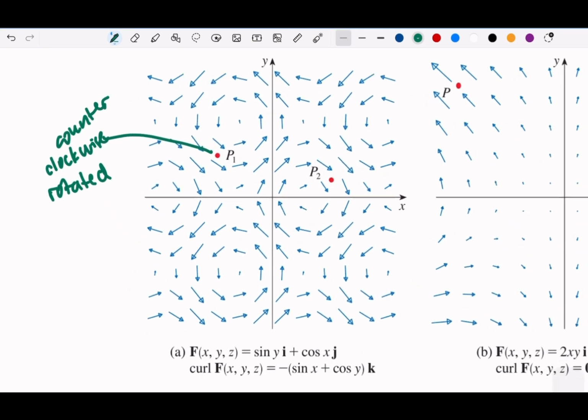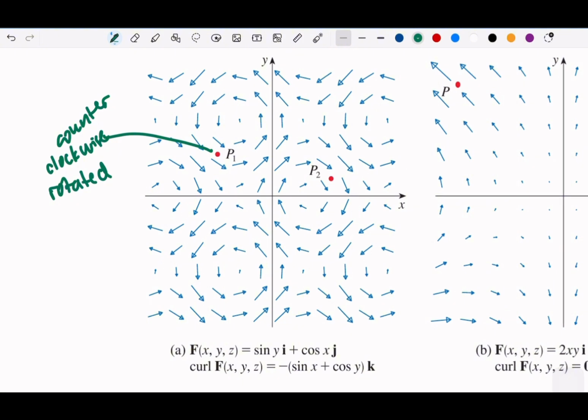Okay, let's continue. If you look at this picture and compare points P1 and P2, since the curl is based on the cross product, and the cross product uses the right-hand rule for the directions. If we have counterclockwise rotation, using the right-hand rule, this will come out, going forward along the positive z-axis.